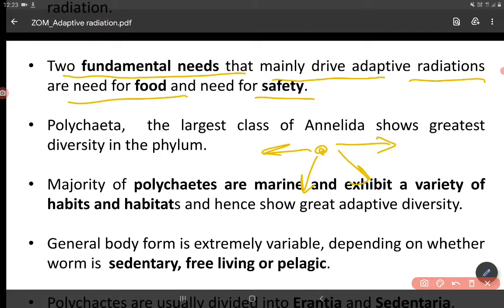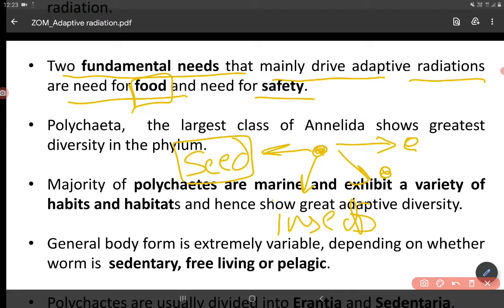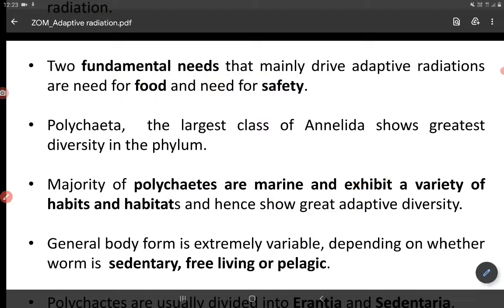That is because of food: some of them started eating seeds because there was not enough food for all of them. So some of them started eating seeds, some started eating only insects, some something else. So for food and security, they diverge in different directions.